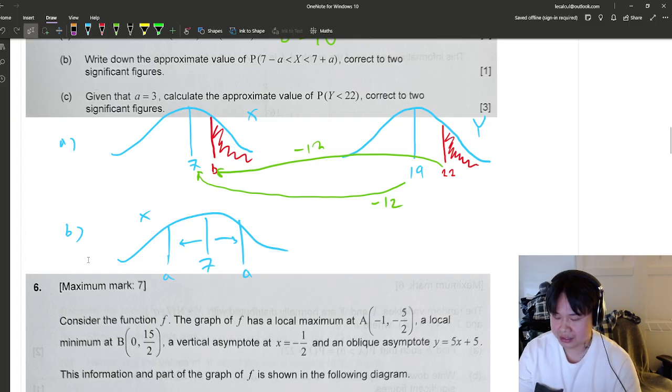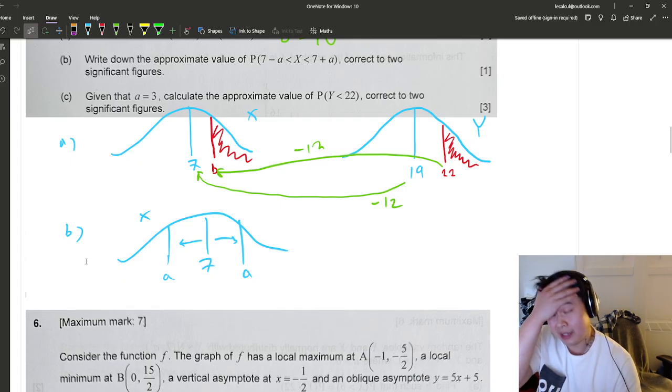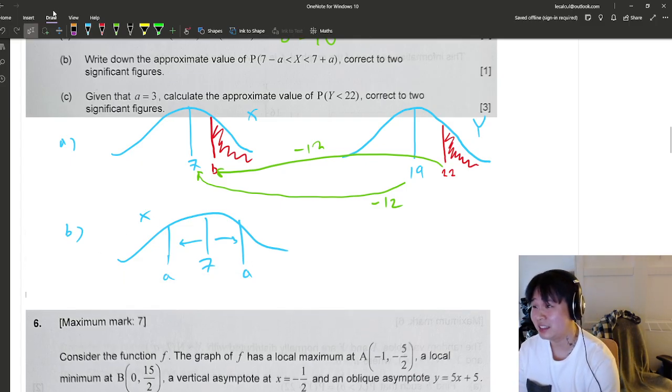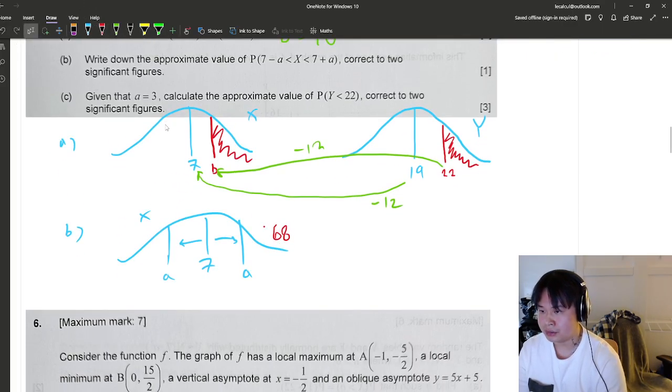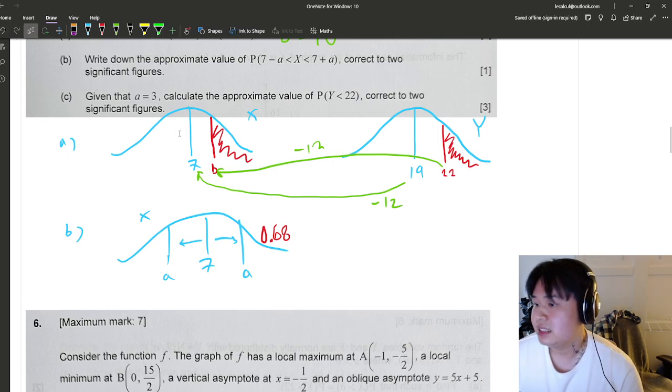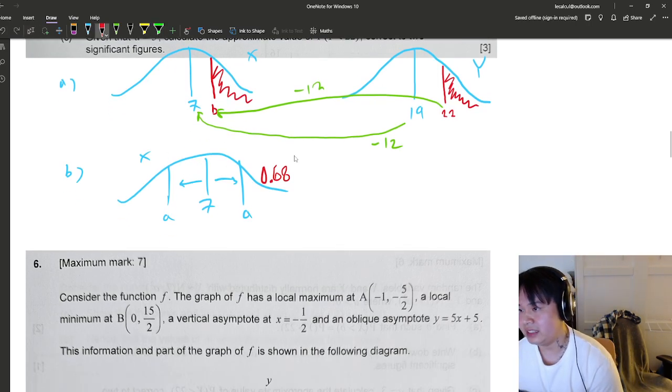This is a percentage that you should know. I forget what IB says. I think it's like 68%. So 0.68, something like that. I could Google it, but I'm not gonna. This is one standard deviation.